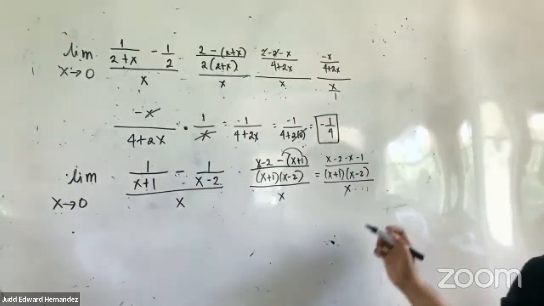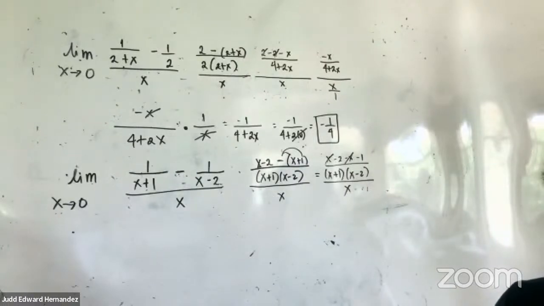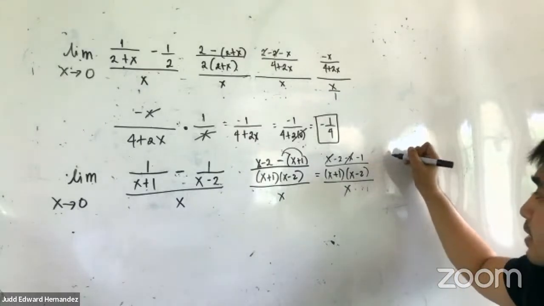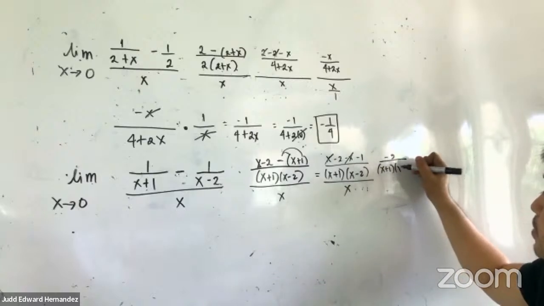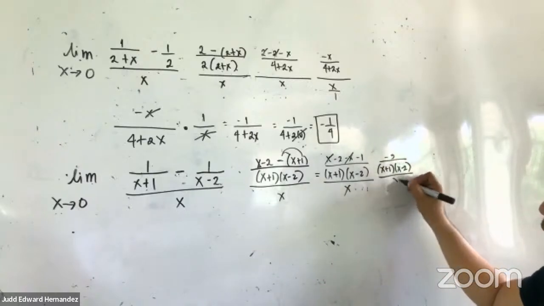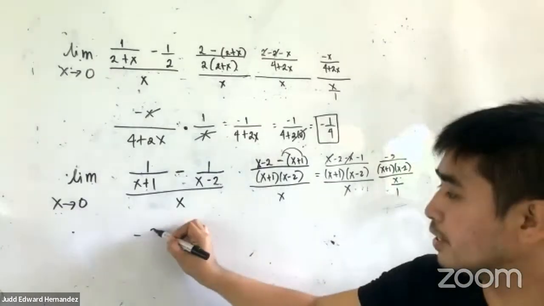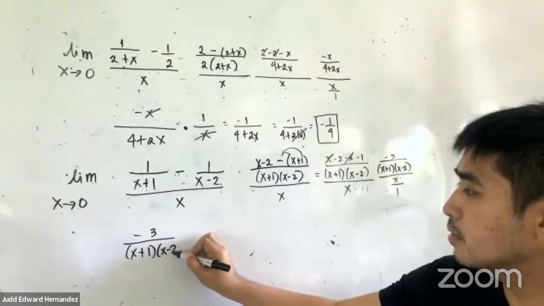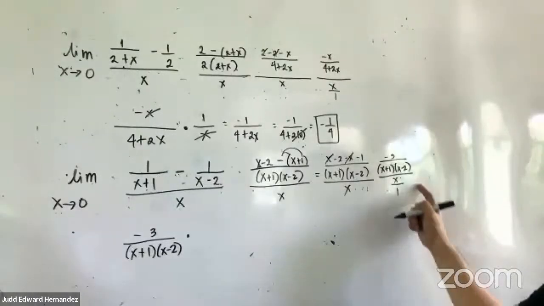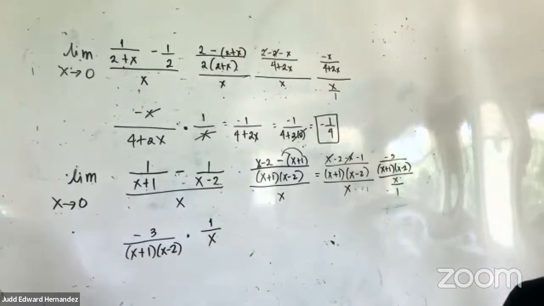What can we say about this one? Cancel out x, and then we'll be having negative 2 minus 1. Negative 2 minus 1 is negative 3 over x plus 1 times x minus 2 all over x, wherein this x could be written as x over 1. Write down here negative 3 over the denominator, and then multiply that to the reciprocal of the denominator, that is 1 over x.